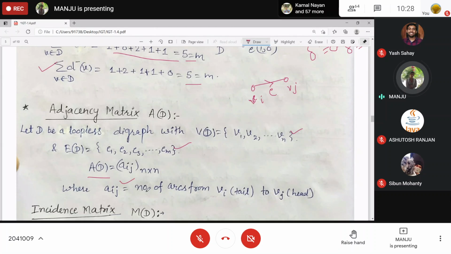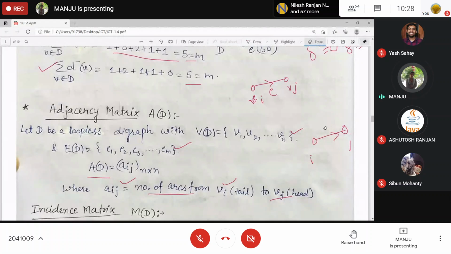So this is the number of arcs from Vi to Vj. If the ith vertex is over here and the jth vertex here, and there are two arcs going out from i to j, then you will write Aij is 2. Clear? And Aji will be the count from j to i.